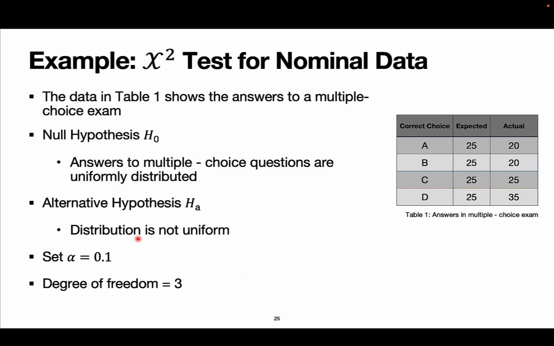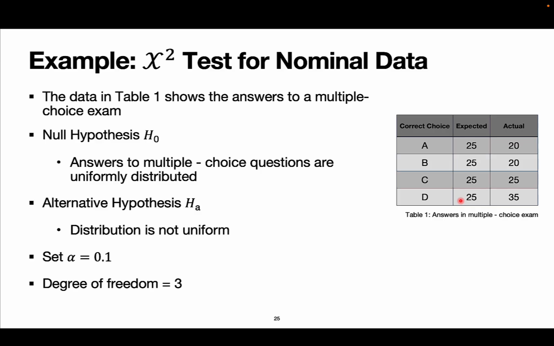In this example, we have an exam with 100 questions, with answers A, B, C, and D, and we would expect that the answers are distributed uniformly with 25, 25, 25, and 25. However, when we did an experiment and observed the outcome, we found a slightly different distribution with 20, 20, 25, and 35.